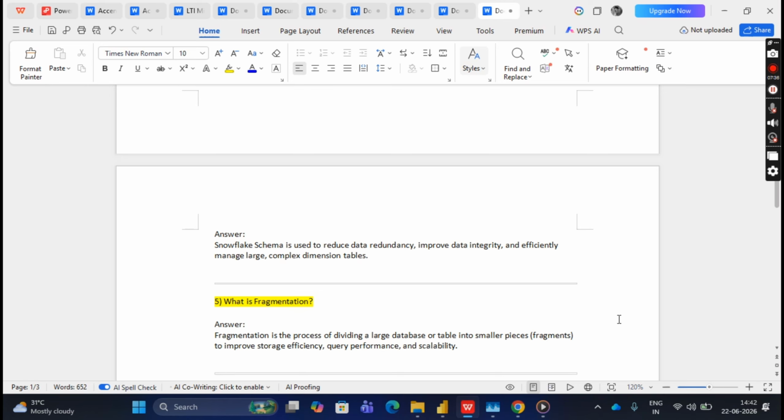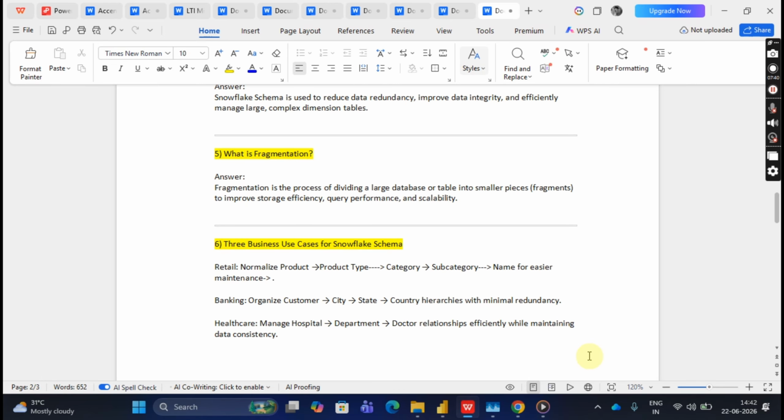Another question which was asked was, what are three business use cases where you can go for Snowflake schema? For the first business use case, consider a large retail data warehouse where there are a huge number of products and their categories and subcategories. There is a huge amount of data which will be stored in a table.